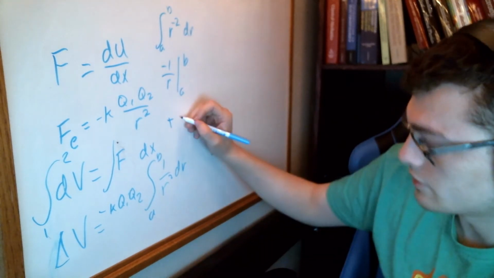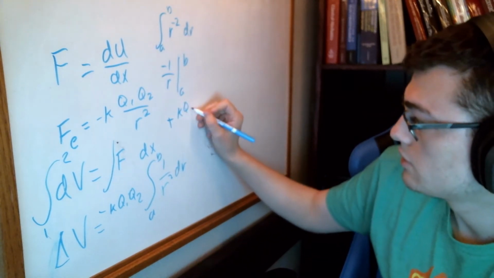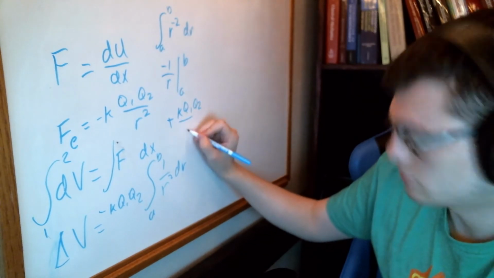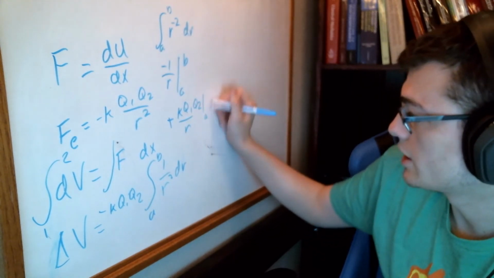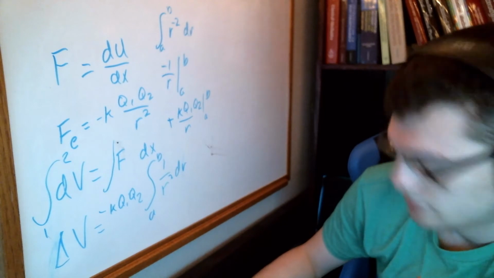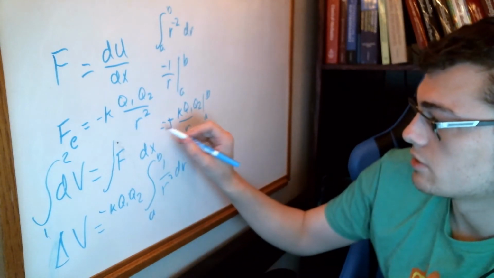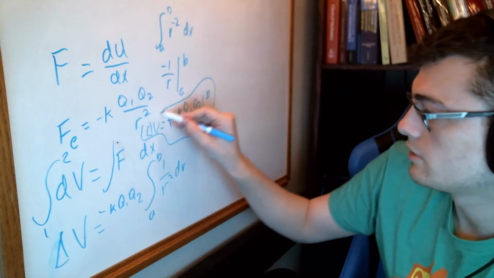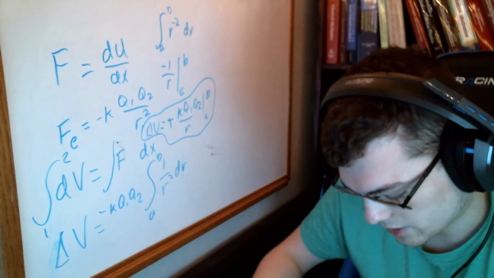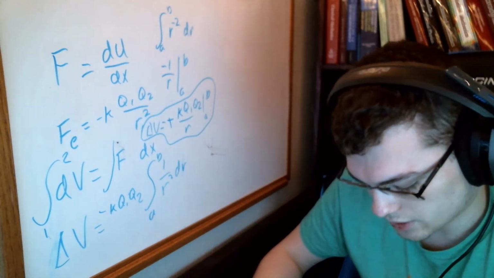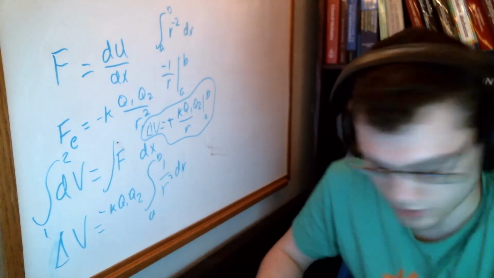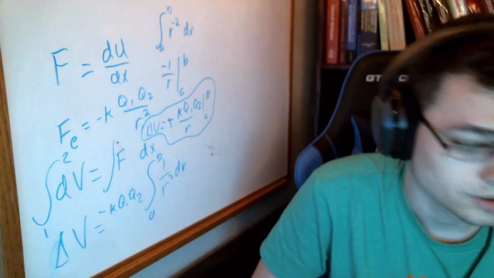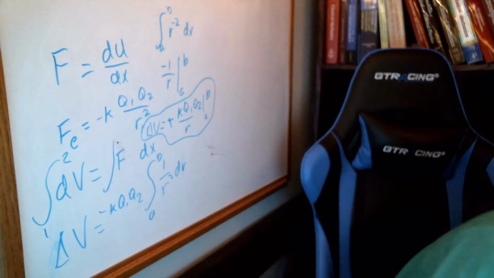So this is going to be k q1 q2 over r from a to b. That's how we get our potential difference formula, and that's how we have obtained it. The common integrals are mostly just the derivatives that we've done before, but we do them backwards.